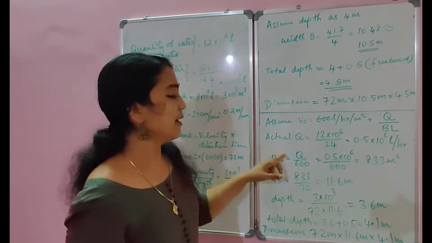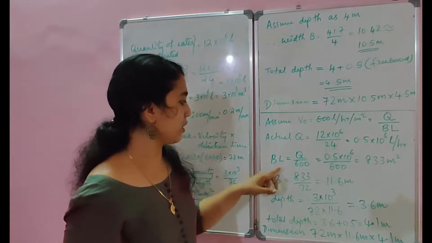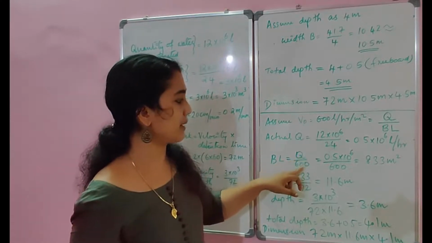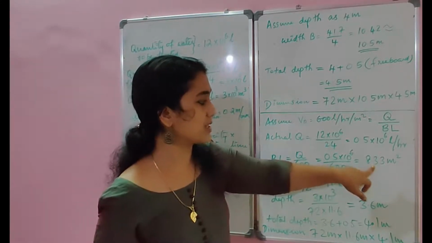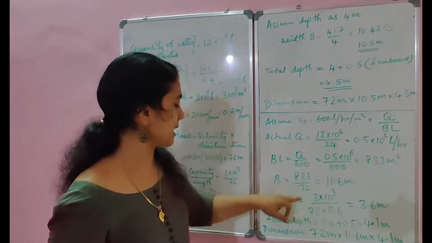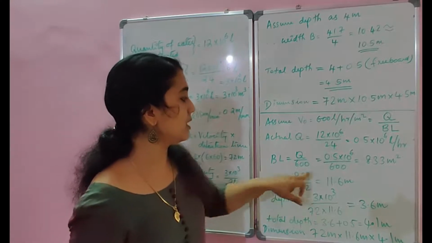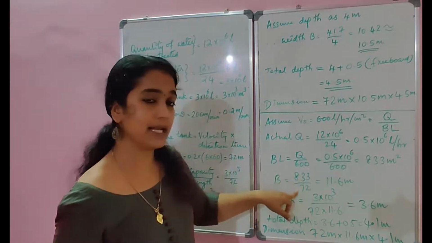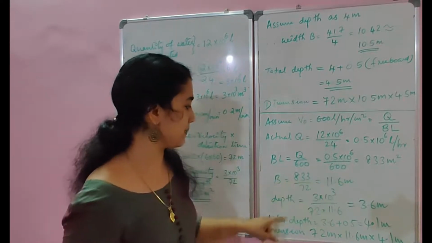Then we are going to calculate the breadth. The length is already calculated. BL is equal to Q divided by 600, and we get the cross-sectional area as 833 meter square. With the length already calculated, B is equal to 833 divided by 72, which gives 11.6 meter.